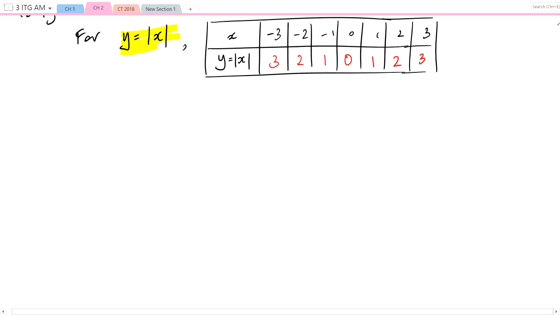So with this table of values, we can now plot our graph. The intention is to have an understanding of what the graph of a modulus function actually looks like.